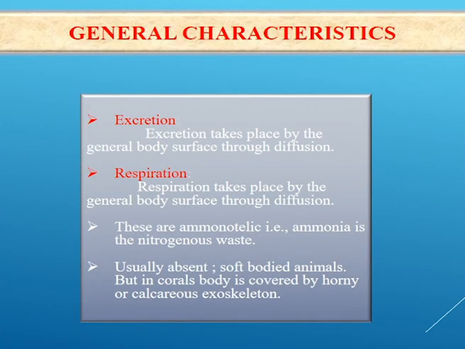Some organisms have an exoskeleton, and these organisms are the corals. The corals are colorful organisms having a hard calcareous exoskeleton, and these are present in coral reefs in different oceans throughout the globe.